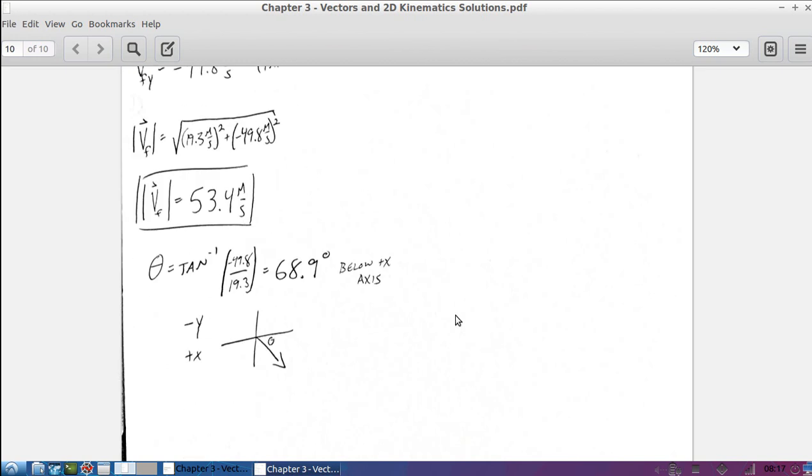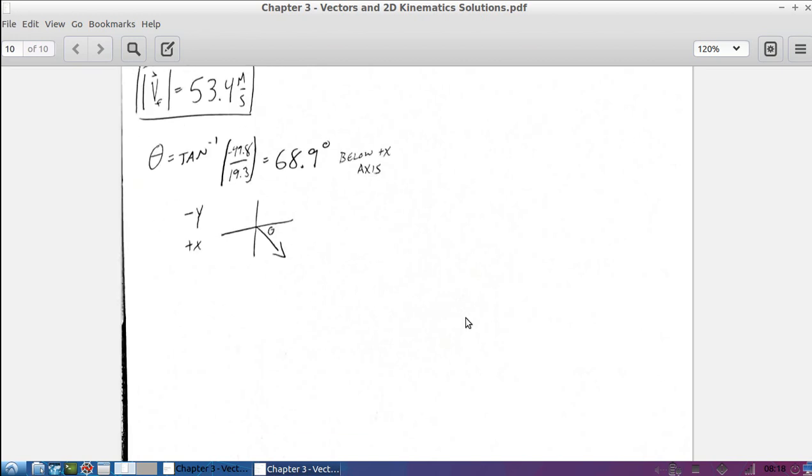So 53.4 meters per second. Find the angle. Negative y component, positive x component. Again, I'm in the 4th quadrant. So I'm hitting the ground in a direction that's being measured from below the positive x-axis, or south of east. So I get that angle, 68.9 degrees below the x-axis, or south of east.